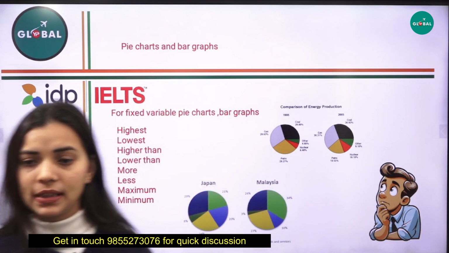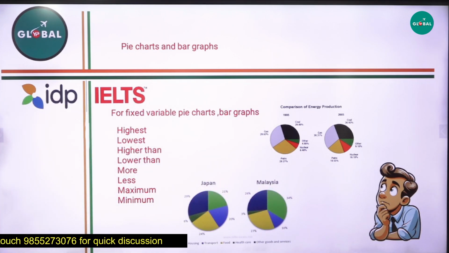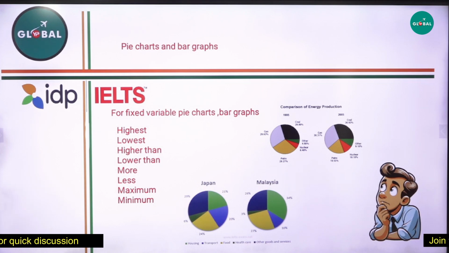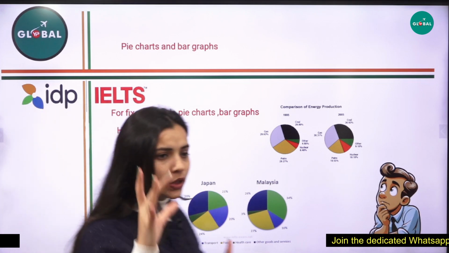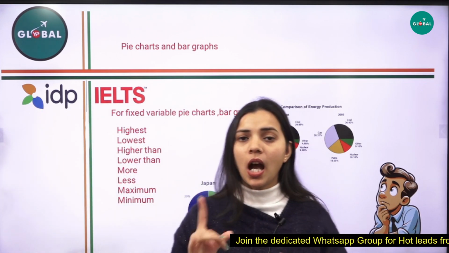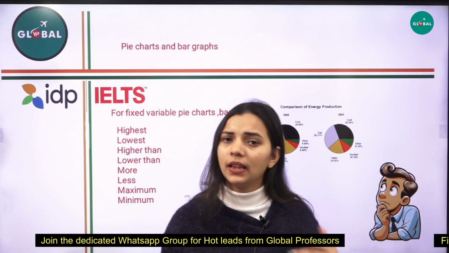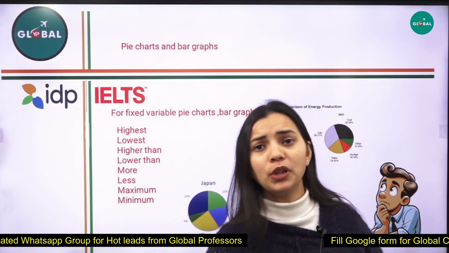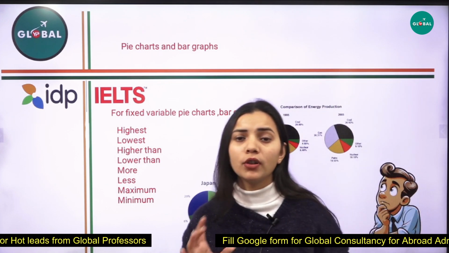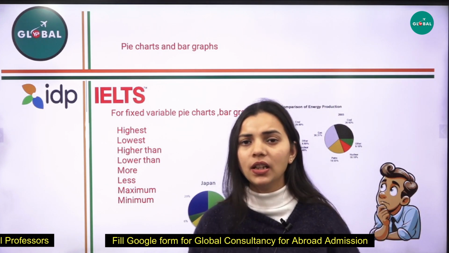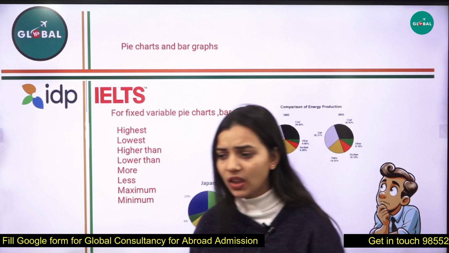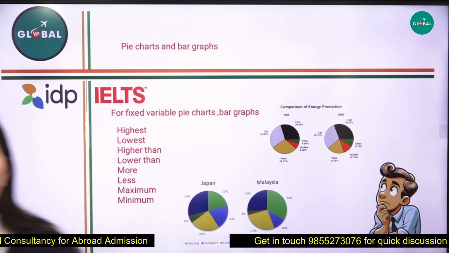So that is basically more, less, maximum, minimum, highest, lowest. These are the words: highest, lowest, maximum, minimum, more, less, least. These are the words you have to use for questions with a fixed variable, specifically for pie charts, right? Because pie charts are always a fixed variable.